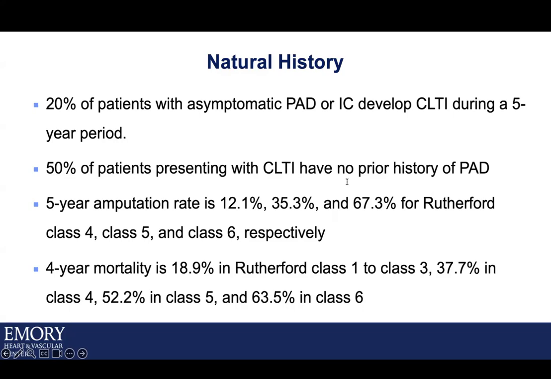The 5-year risk of amputation in Rutherford Class 6 is 67%. There's 67% if you have Rutherford Class 6, there's going to be amputation. Mortality is very high, and this is a different study than I mentioned earlier, but if you have Rutherford Class 6, the 4-year mortality is 60% if you have CLTI.